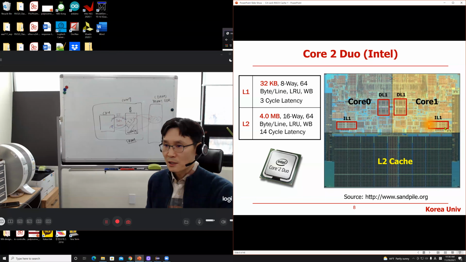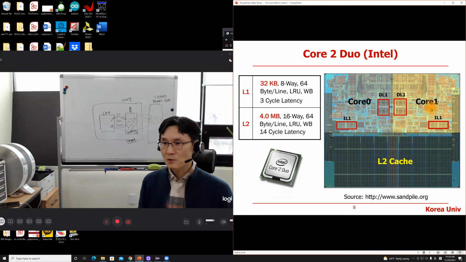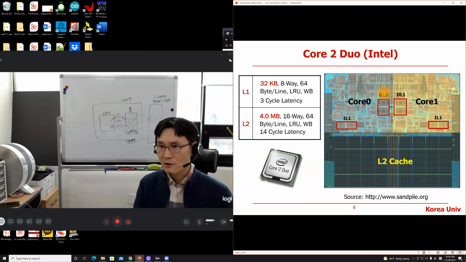And the level 2 cache is shared between these two, serving both core 0 and core 1. It is also a unified cache, meaning it holds both instructions and data.